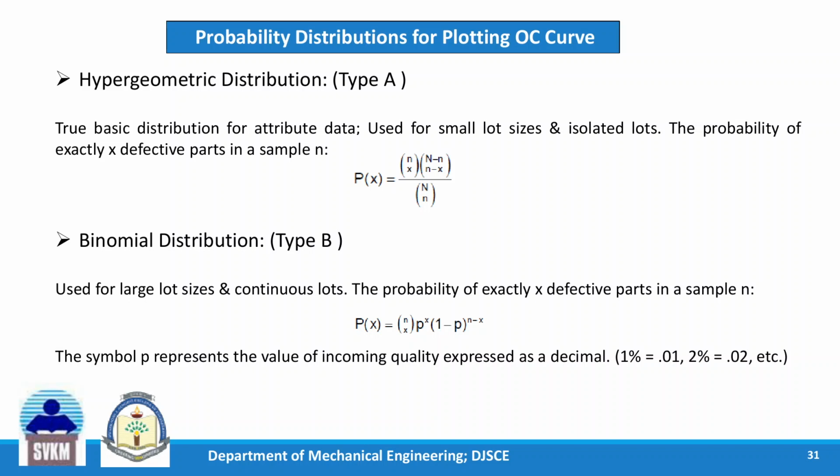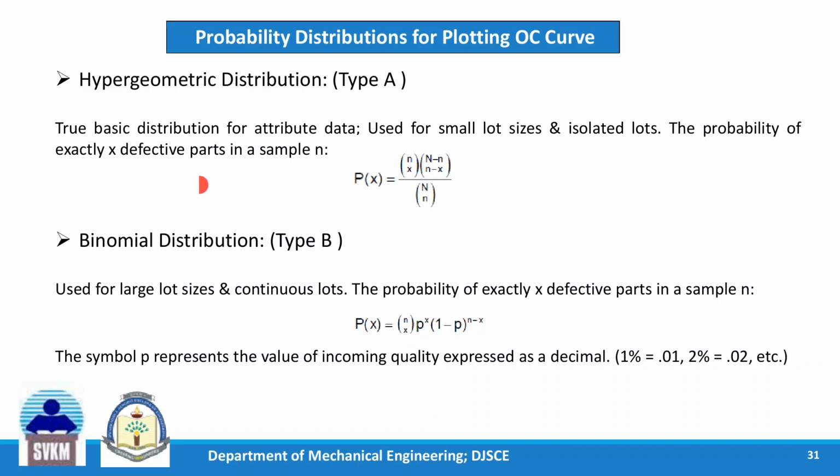Probability distributions for plotting the OC curve. Three types of probability distributions we are using depending upon the case. First is the hypergeometric distribution, also called the type A distribution or type A curve. This is the true basic distribution for attribute data, used for small lot sizes and isolated lots.